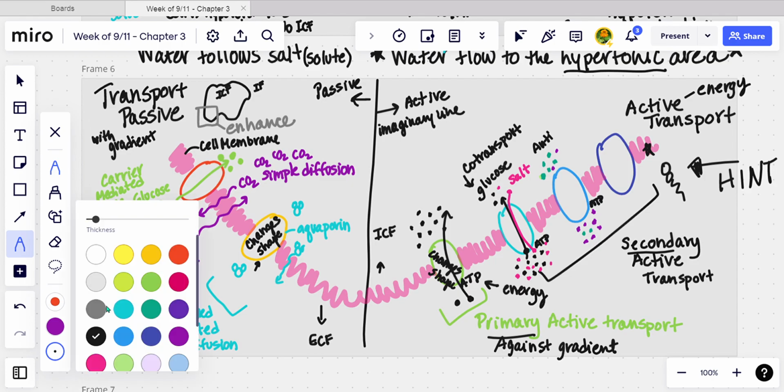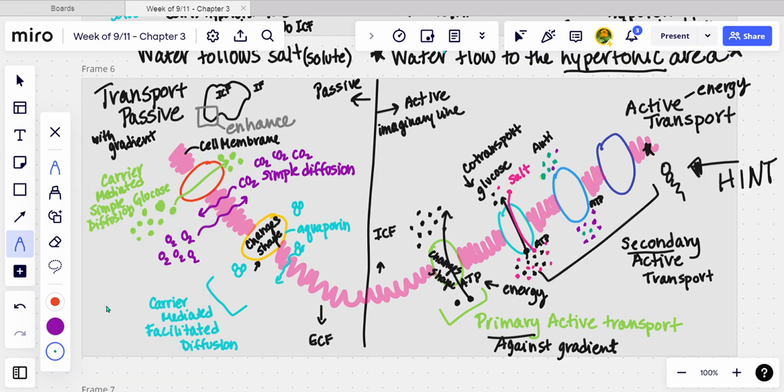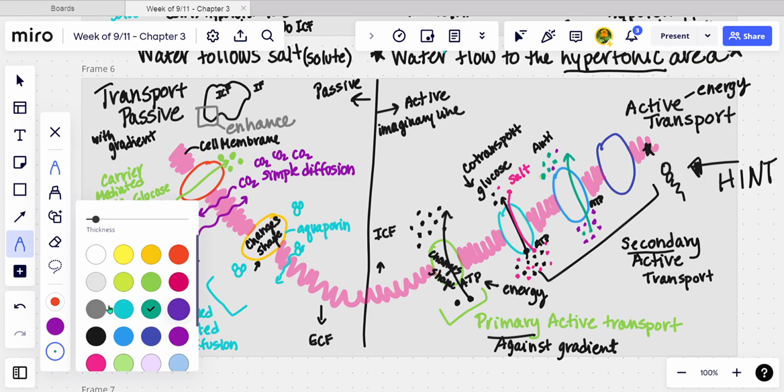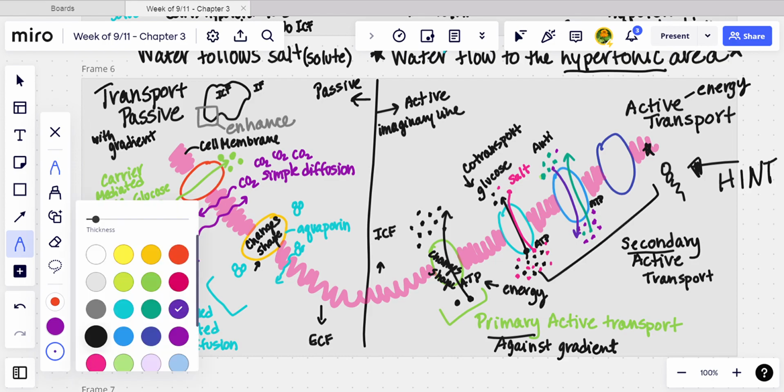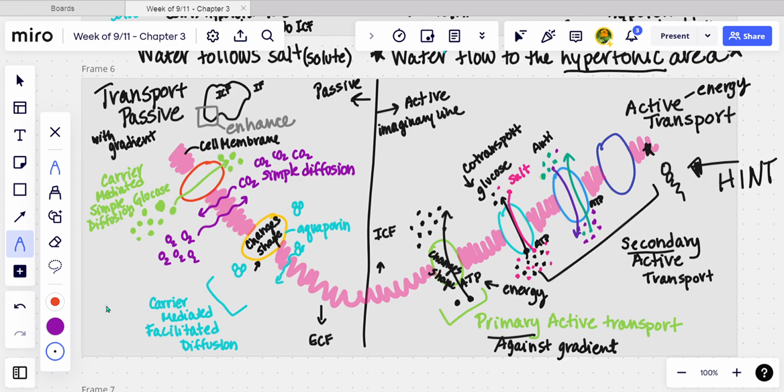We're going to use it to pump the green molecule against its concentration gradient into the cell. We're also going to use ATP to pump this purple molecule against its concentration gradient outside the cell. And that is what is called carrier-mediated secondary active anti-transport.